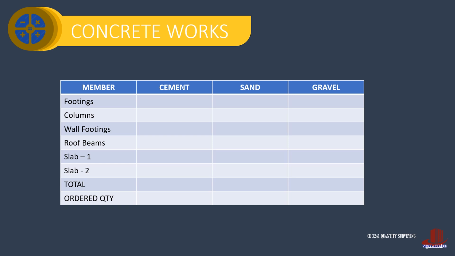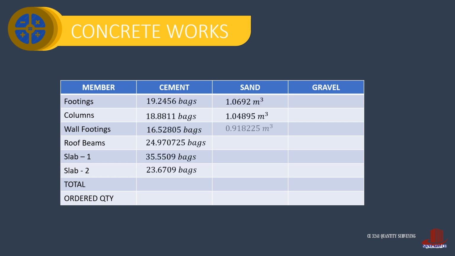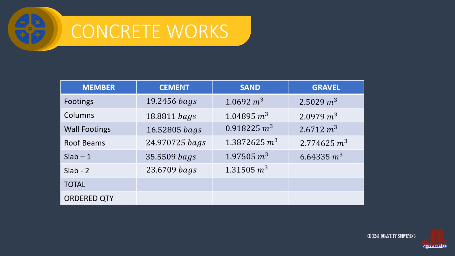Usually, rounding off quantities are done after everything has been estimated. So if we summarize the quantities of each member, we take the total. Making cement 138.847275 bags, sand with 7.7137375 cubic meters, and gravel of 21.113325 cubic meters.